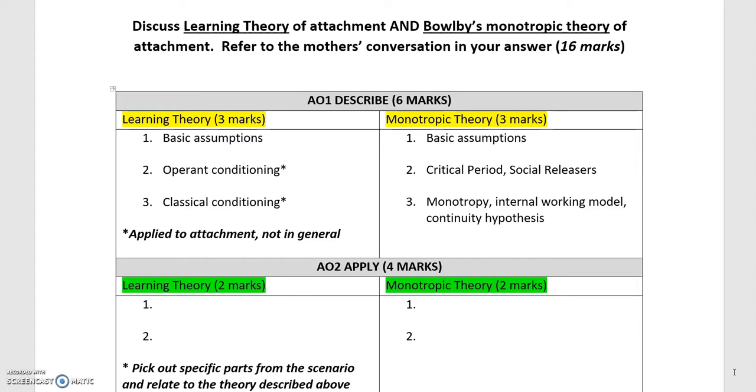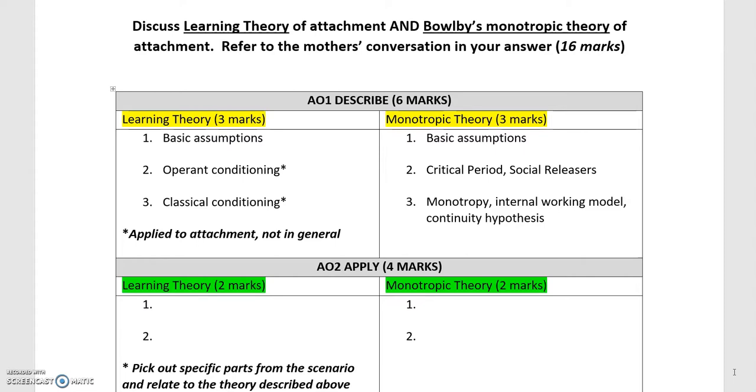And then you need to talk about operant and classical conditioning. Make sure you're using key specific terms for the top mark bands. You always have to be very detailed and precise. And also, really importantly, make sure you're applying it to attachment. You're not talking about the UCS and the UCR generally, in classical conditioning. Make sure you're applying it to how it explains attachment for both classical and operant.